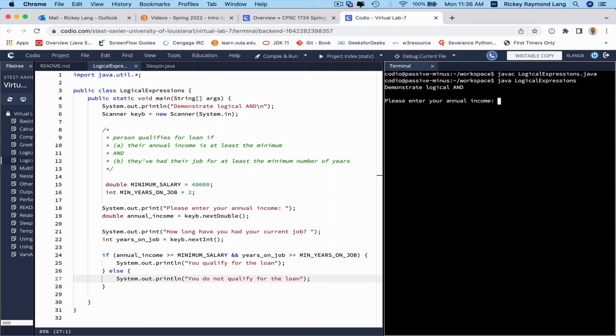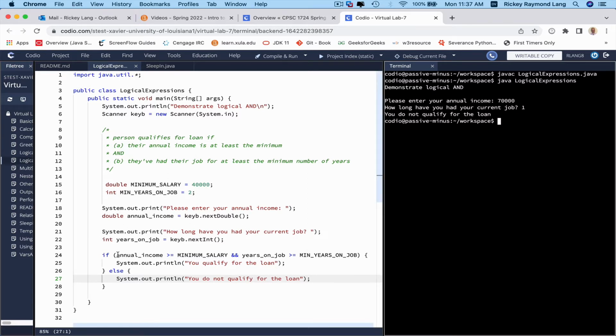Let's say I graduate with a computer science degree and I get a pretty good starting salary. But I only just started, so I've only had the job for 1 year. I do not qualify for the loan.